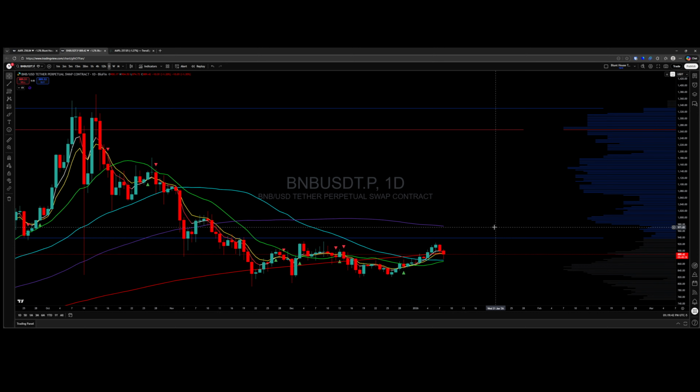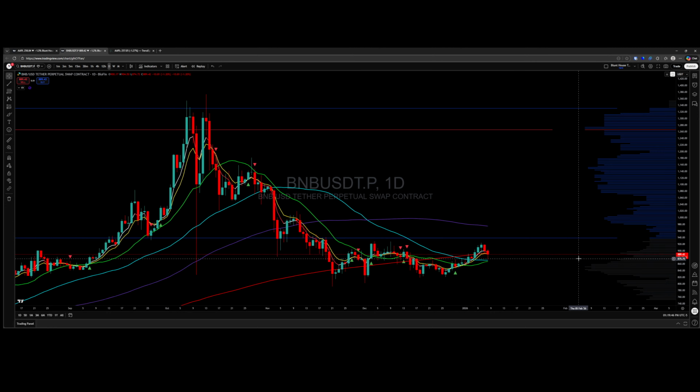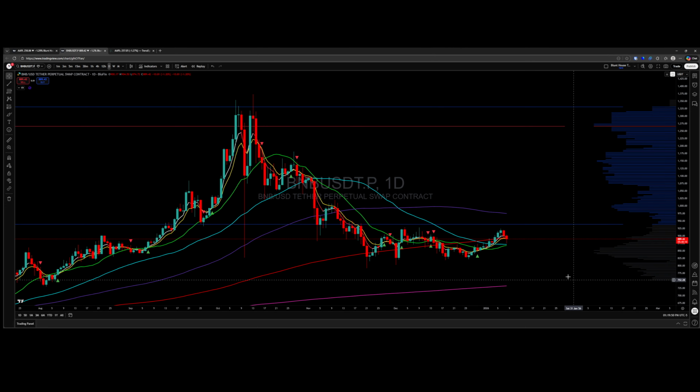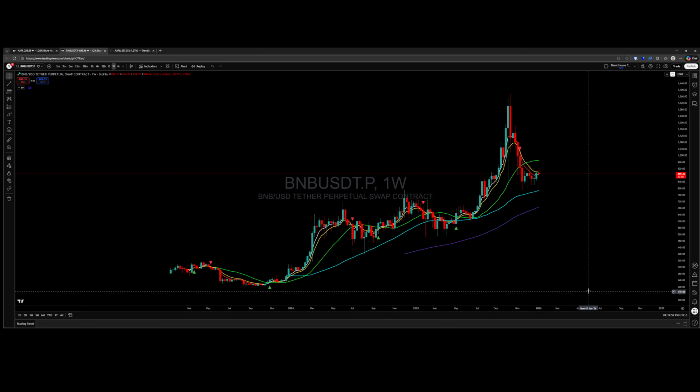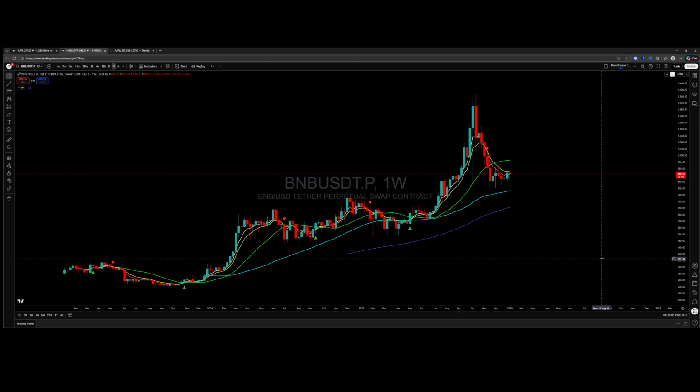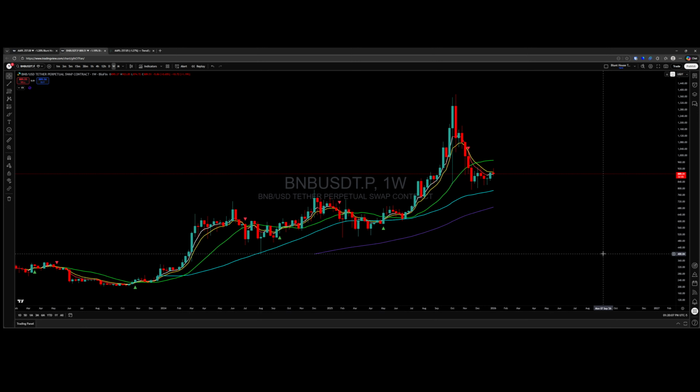Now you have clean targets, you have very distinct volume gaps to the upside, very distinct gaps to the downside. So you can see how you get to these levels quite clearly. On the weekly, we don't get to see the volume profile, there's just not enough data. But we know we're still in a downtrend.